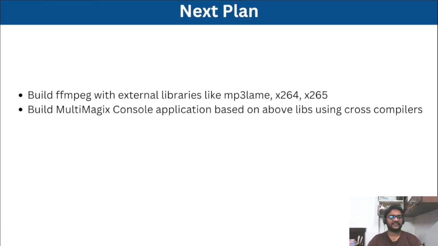As I mentioned, the next plan is to build FFmpeg with external libraries like MP3, x264, and x265, and also build the Multimagics console application based on the above libs using cross compilers. Until this part, we are only building FFmpeg, and later, with the help of those generated libraries, we will build our Multimagics console application.